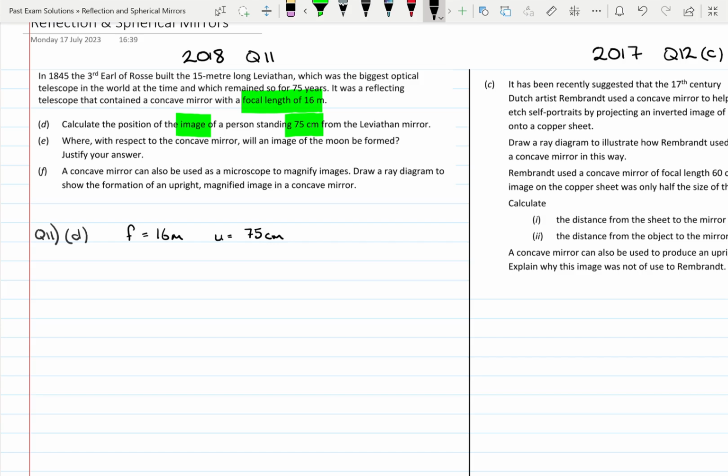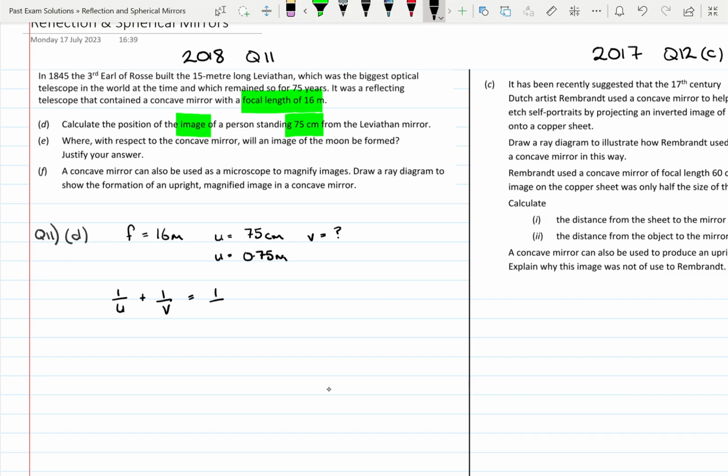Now, one unit, the focal length, is in meters, and our second unit, the person, is in centimeters. So we want to change that to meters. So that becomes 0.75 meters. And the last thing, v, our image. Where is our image going to form? That's our unknown.